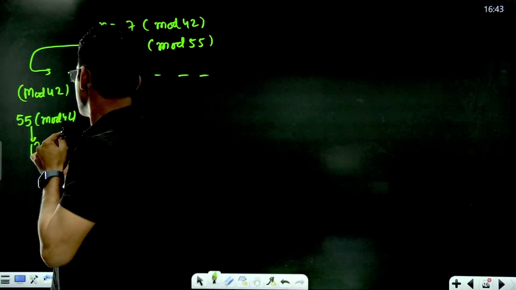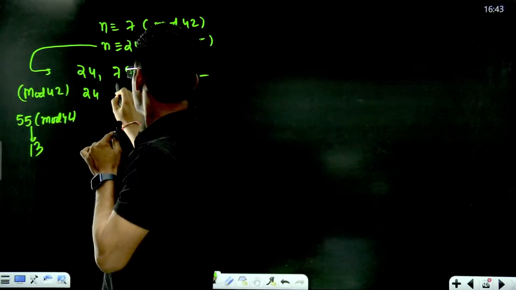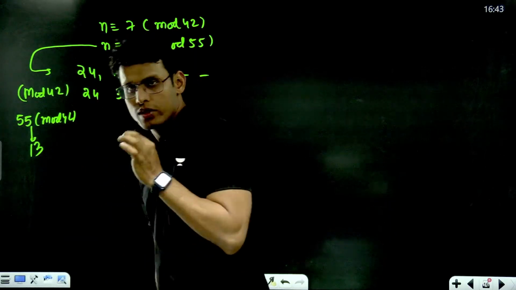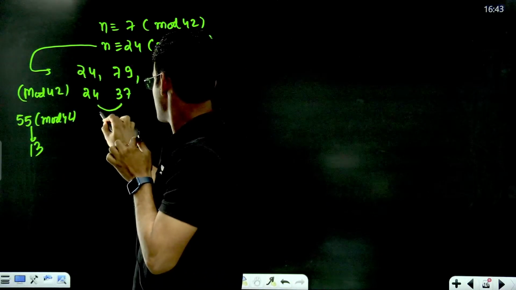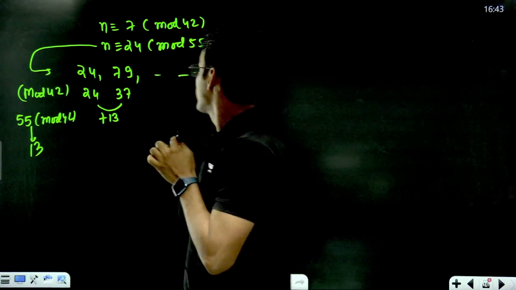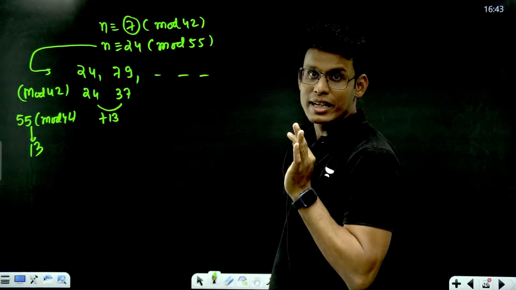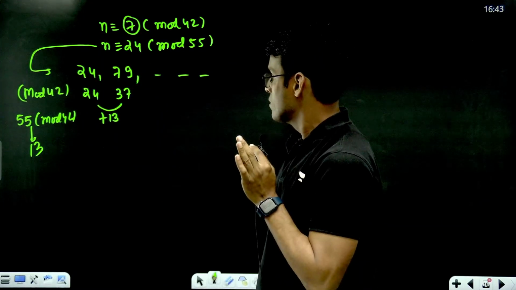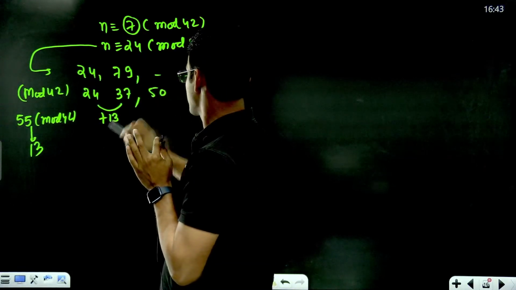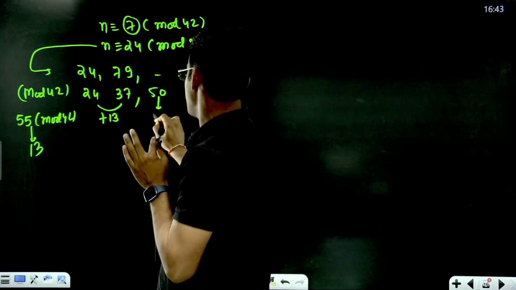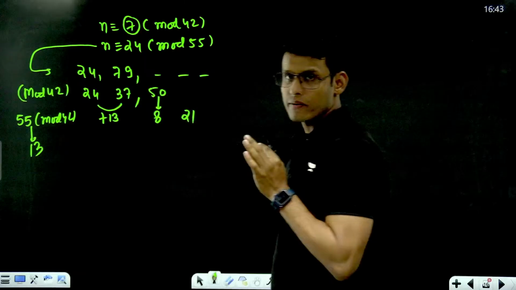It is actually 13. So my remainder here is 24, and it is becoming 37 here. You can see plus 13. Plus 13 is the key, right? Eventually, I need to have 7 here. Can you see it?